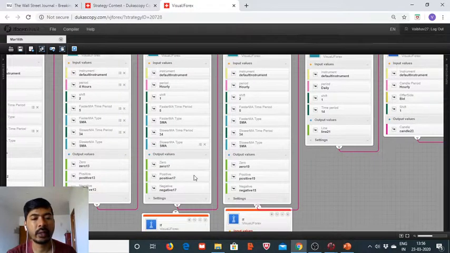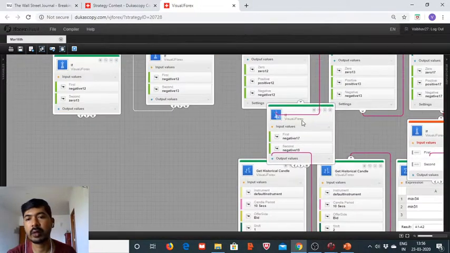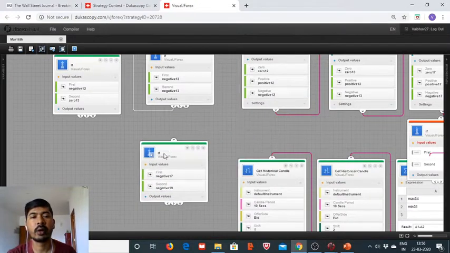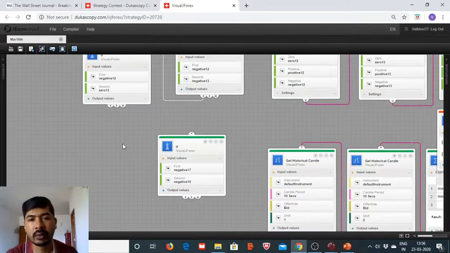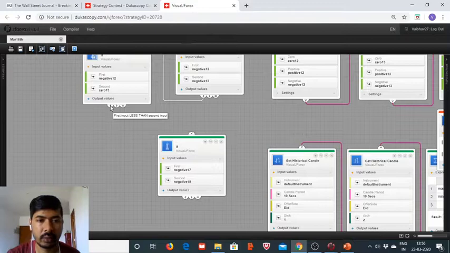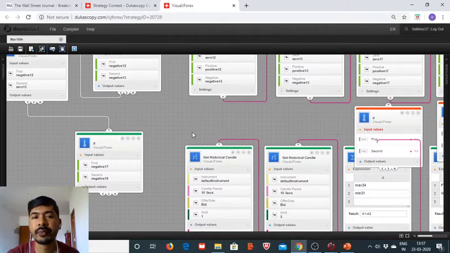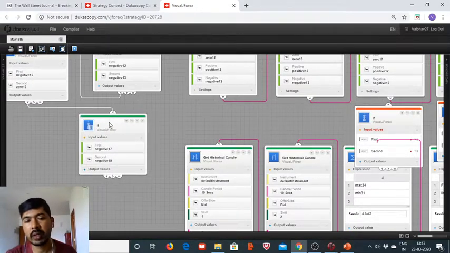Let us connect this so that we don't miss on the required logic. It should be less, so it is going to be less. And then the negative value, negative 17, should be less than the negative 18.